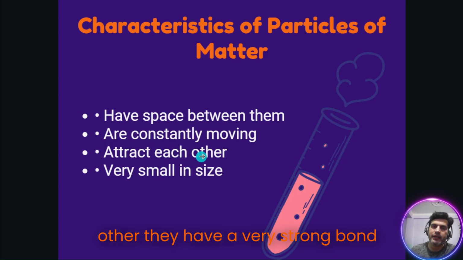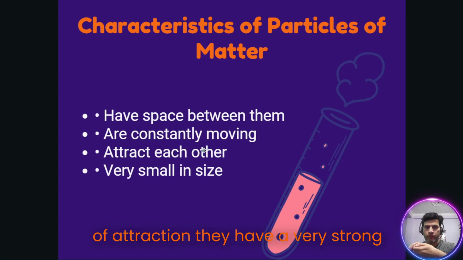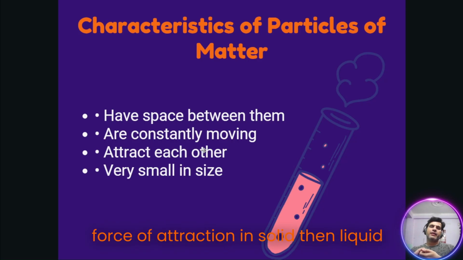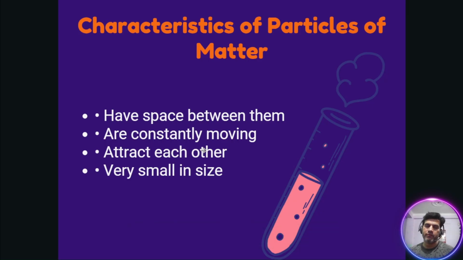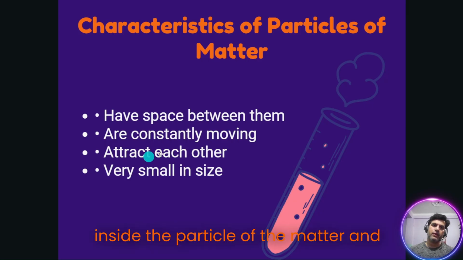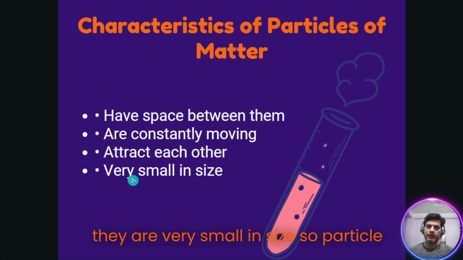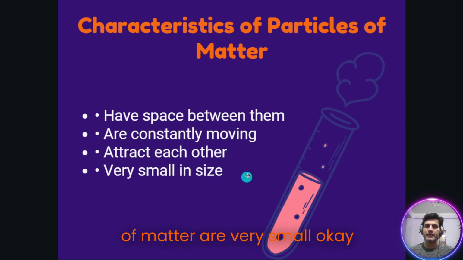They have a very strong force of attraction in solid, then liquid, and then gas, so they have different forces of attraction. And fourth, particles of matter are very small in size. Okay.